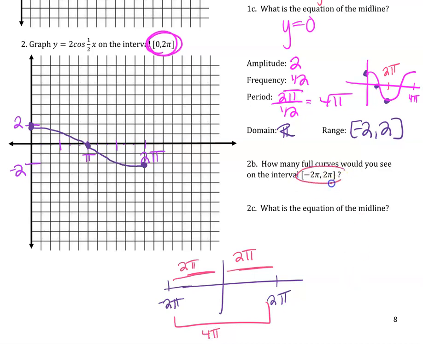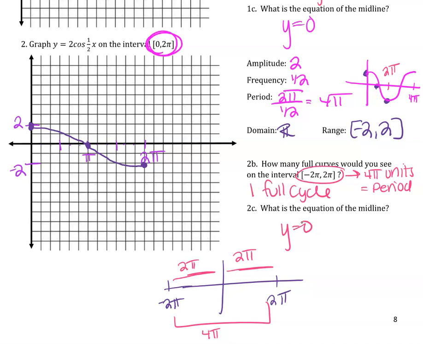You know the period is 4 pi, so we would expect to see 1 full cycle over those 4 pi units. Just like last time, the midline is just the x-axis, or y equals 0.